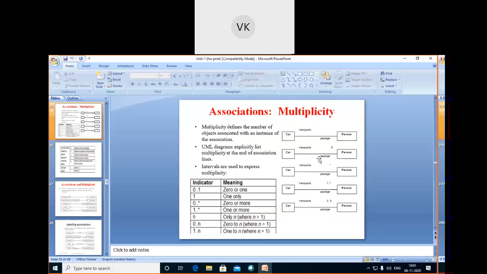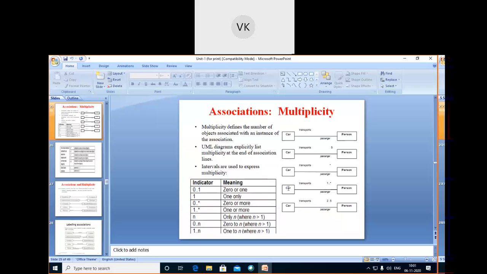According to this diagram, it is not possible actually for more number, maximum 5 or 7, depending upon the number of seats available in the car, that many persons can sit. But according to this diagram, it describes that in the car 0 or more persons can sit, according to the star.